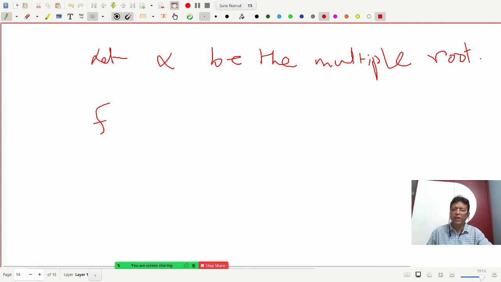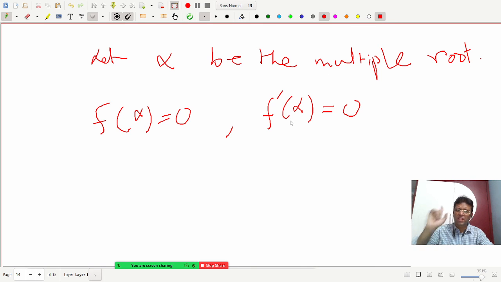Then f of alpha equal to 0, since alpha is a root, and f prime alpha equal to 0. If it is a multiple root of order 2, it must satisfy the first derivative, f prime alpha equal to 0.